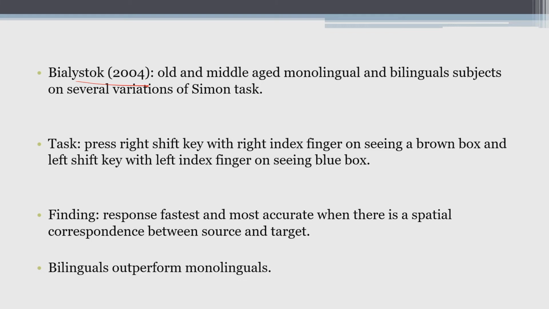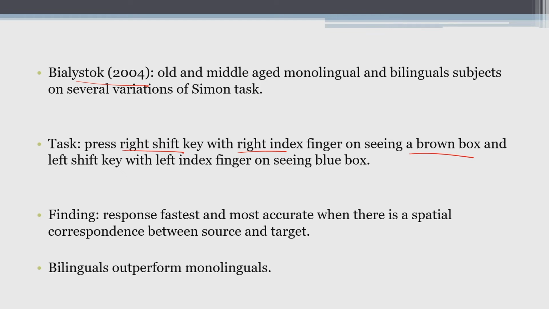Remember the Simon task, that is a spatial correspondence task between source and target. The task in this case was to press the right shift key with the right index finger on seeing a brown box and the left shift key with the left index finger on seeing a blue box. We have already seen how this task goes.